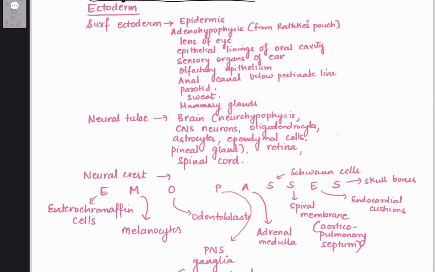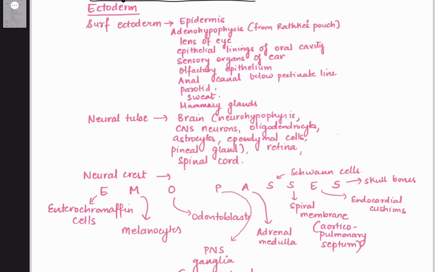So surface ectoderm, the derivatives of surface ectoderm are epidermis, adenohypophysis, lens of eyes, epithelial linings of the oral cavity, sensory organs of the ear, olfactory epithelium, anal canal below pectinate line, parotid, sweat and the mammary glands.